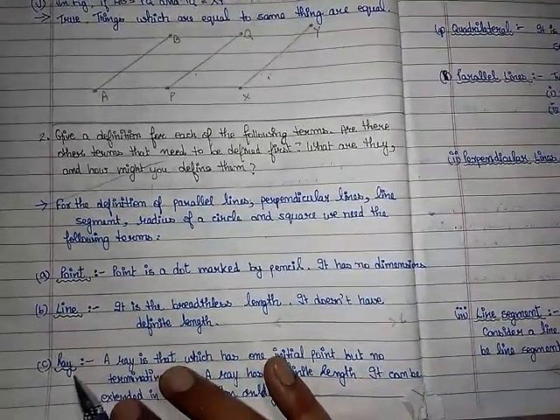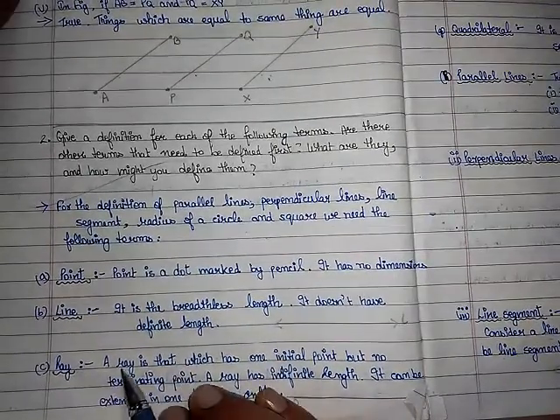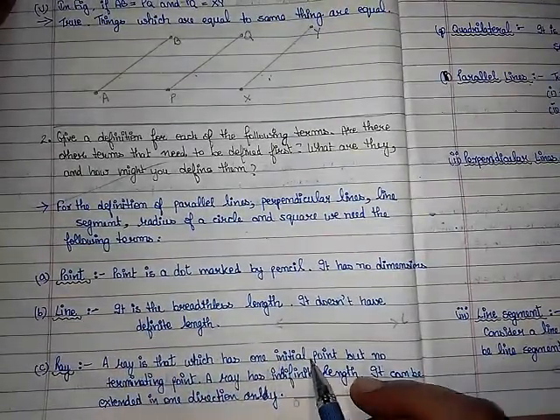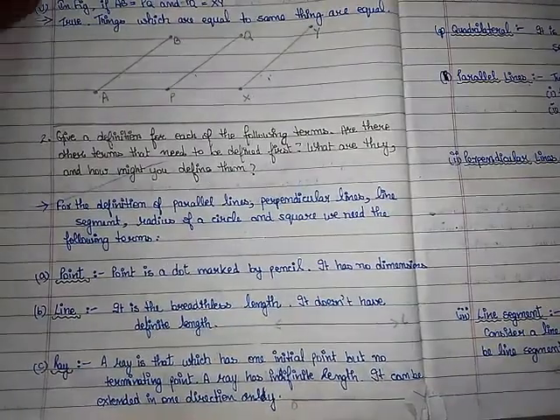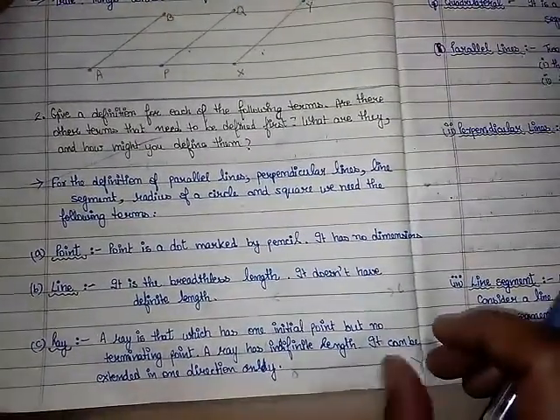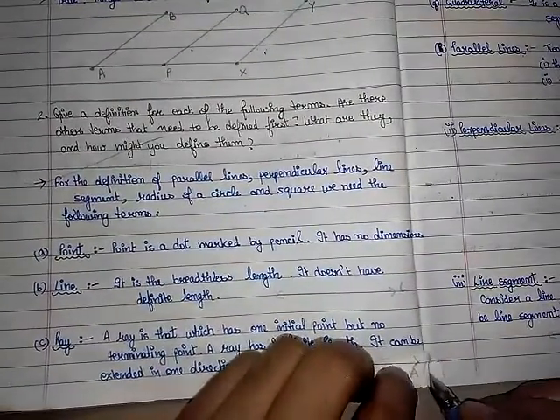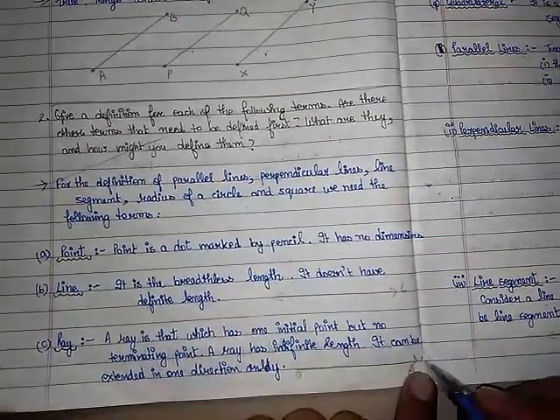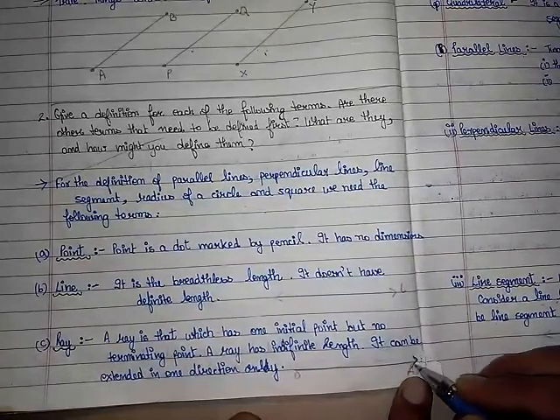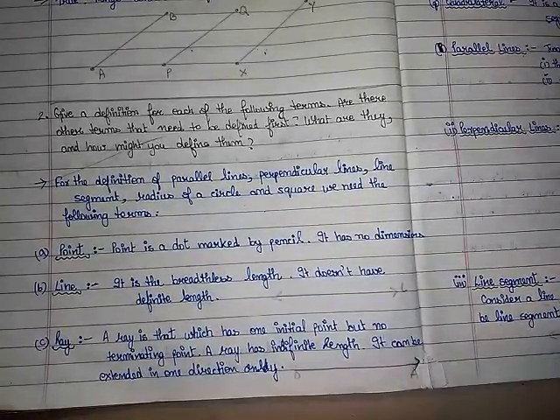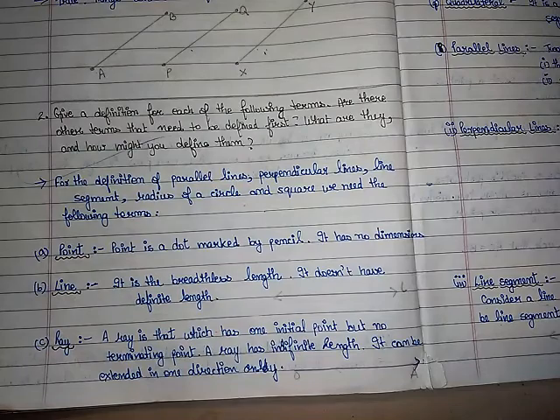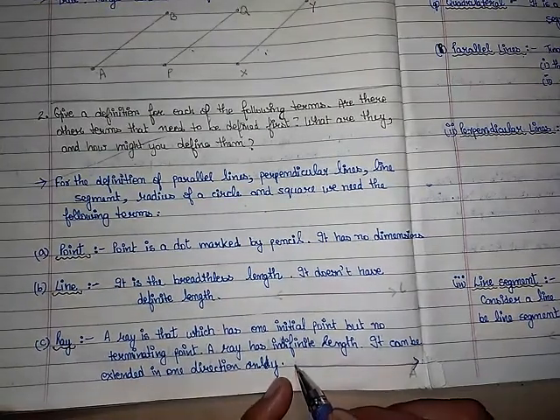Now after that, ray. What is a ray? As I told you, a ray has one initial point but no terminating point. It means it has an arrow on one side. Geometrically, the figure of the ray has an arrow on one side. It can be extended in one direction only.